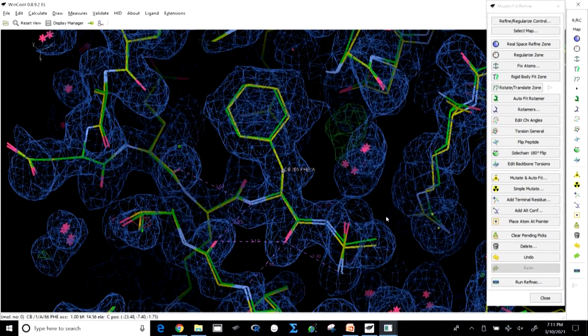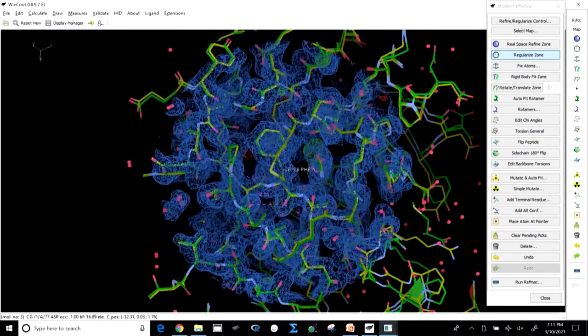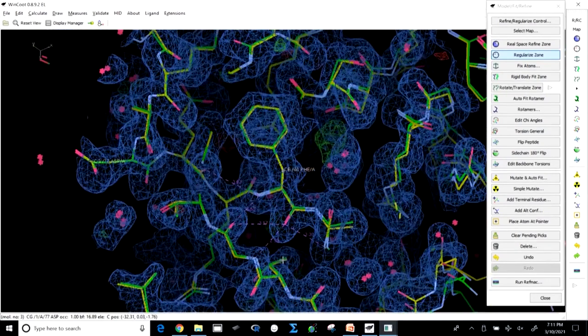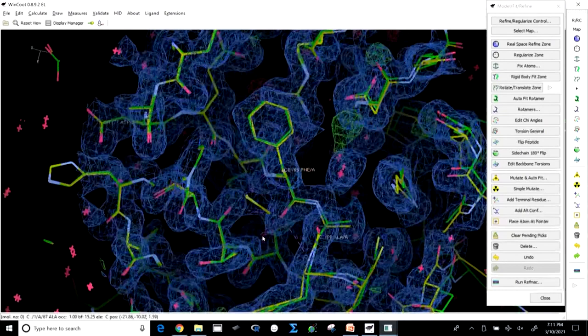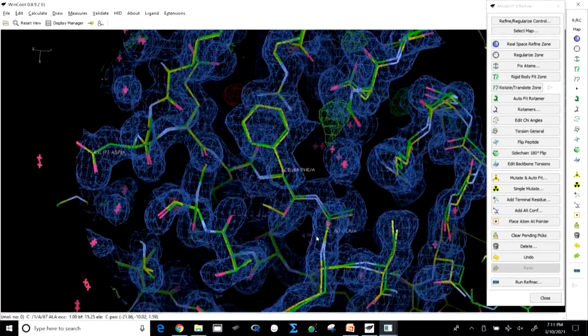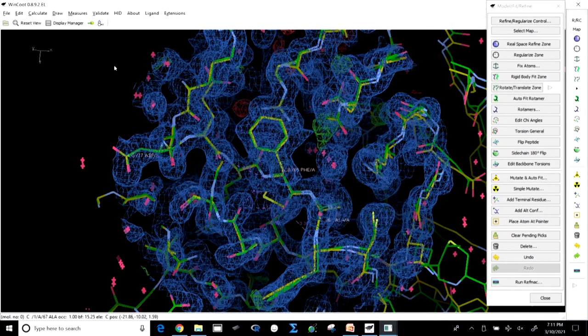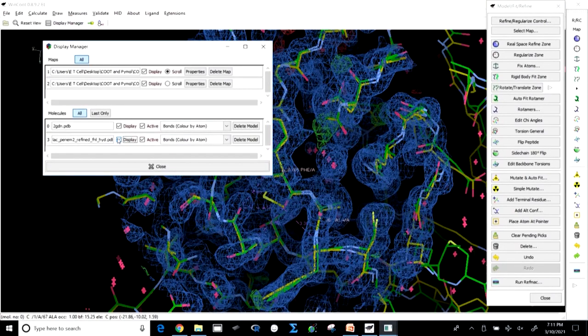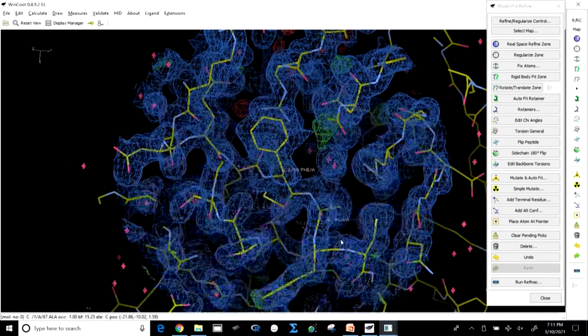We could also do regularize zone. Regularize zone is when you click on one atom and then choose a zone where they are connected, and you click on the other amino acid. If I go for one structure it would be easier.